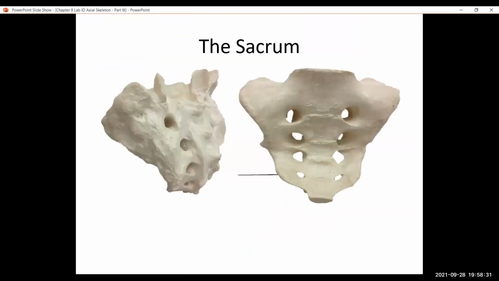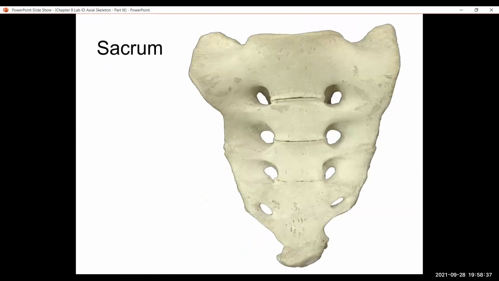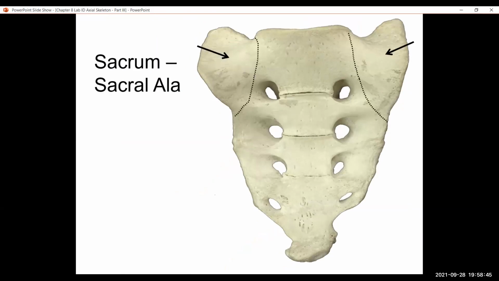All right, now we're moving down to the inferior portion of the spinal column there. And you can see the sacrum. At one point, there were 5 individual vertebrae that fused together. So on the lateral aspects there, you have the sacral ala, A-L-A.